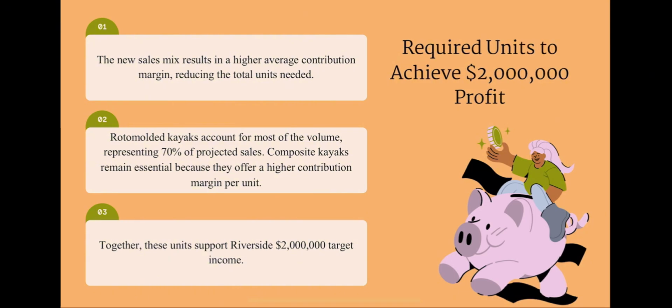Once we factor in fixed costs, roto-molded kayaks produce $140,000 in operating income, while composite kayaks produce $170,000. Even though composite kayaks generate less sales, they actually end up being more profitable because they require far fewer fixed costs.